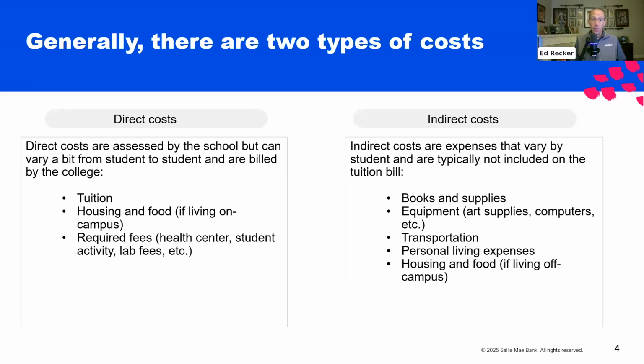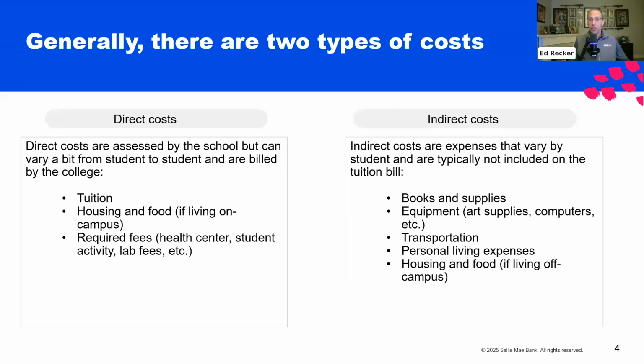Transportation to and from campus, any personal living expenses. So think of things as fundamental as just clothes, or walking around money. I always like to call it pizza and movie money, those types of things. And then if you're living off campus, this is also where housing and food can come into play.